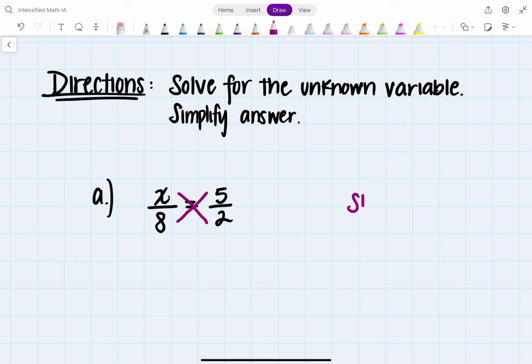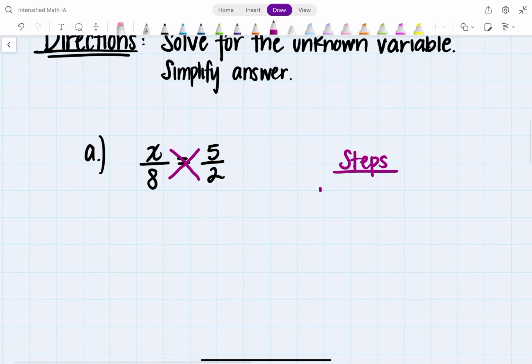I'm going to do steps here on the side. First thing I need to do is cross multiply. What that does is I have to multiply the numerator, which is the top number of the fraction, by the denominator of the other fraction. And then I'll do the same with the 8 and the 5.